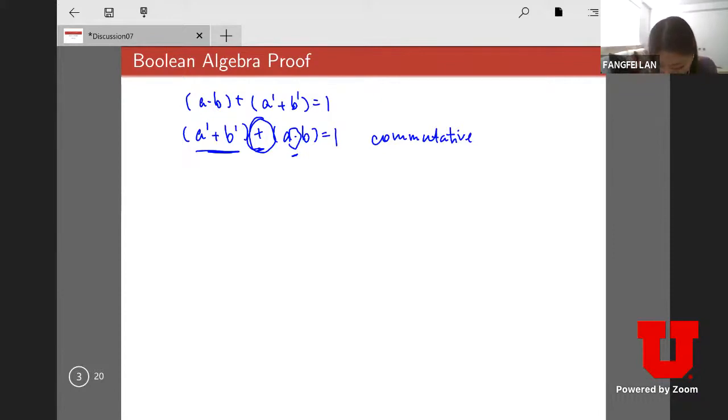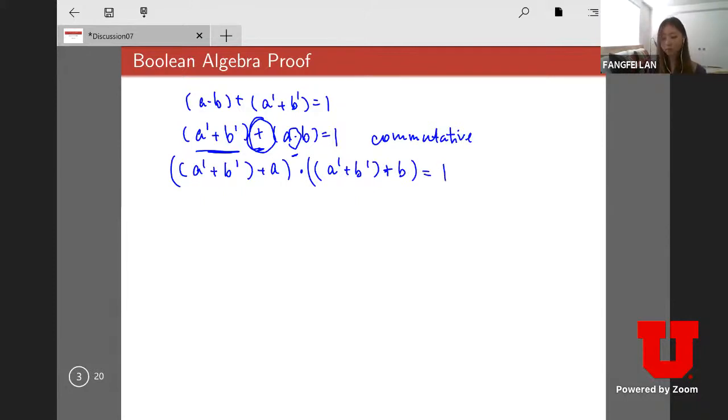So we're going to go with A complement plus B complement plus A. That's the first part. Times A complement plus B complement plus B. That's the second one. That would be 1. We just considered this first part as a whole thing, and then we distributed it.